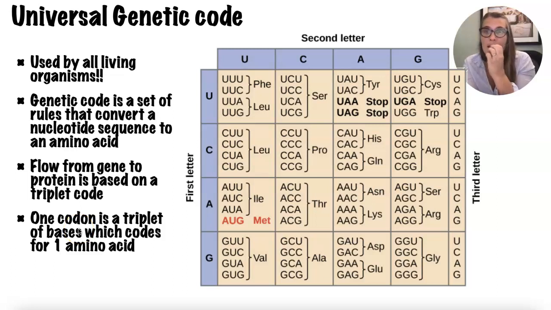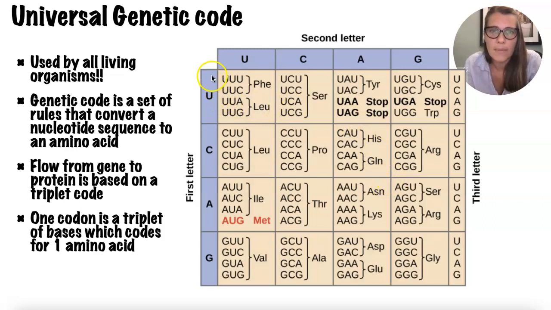Okay? So how do we read this table? Because if I give you a table like this, you need to be able to read it. Let's say that this is your sequence of mRNA, which type of amino acid are you going to get? You can do it because it's easy. It's like a game, right?